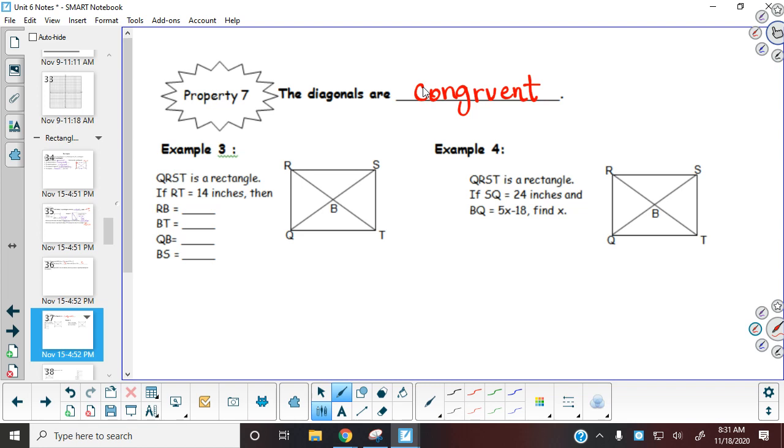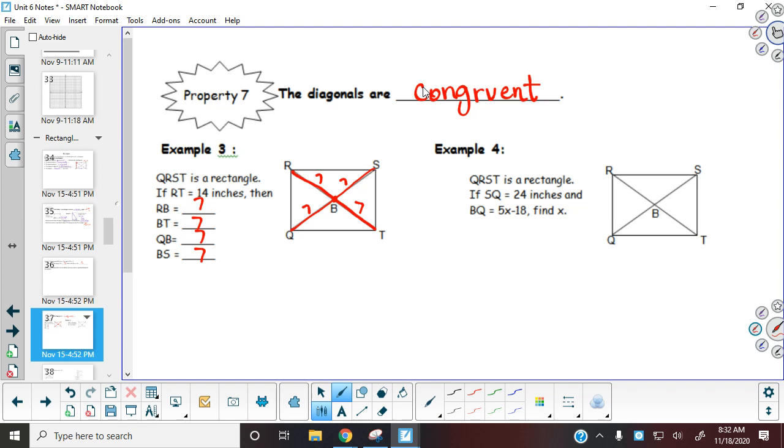So if RT is 14 inches, that diagonal is bisecting, so this piece is going to be 7, this piece is going to be 7. Because it's a rectangle, these are going to be congruent. So RB is 7, BT is 7, QB is 7, and BS is also 7. So all of those are going to be exactly the same.